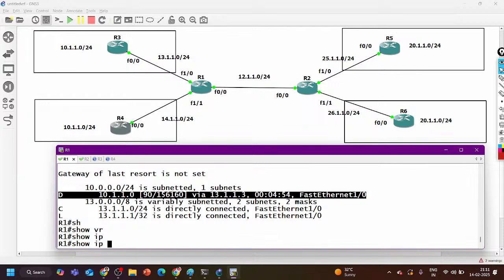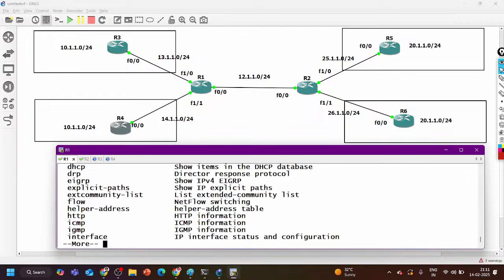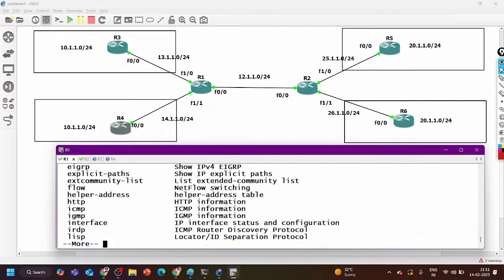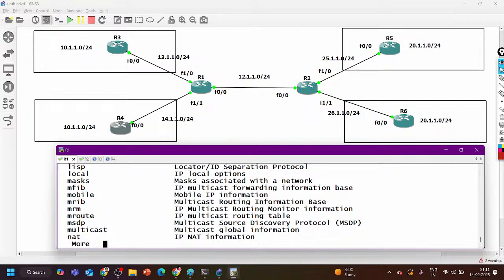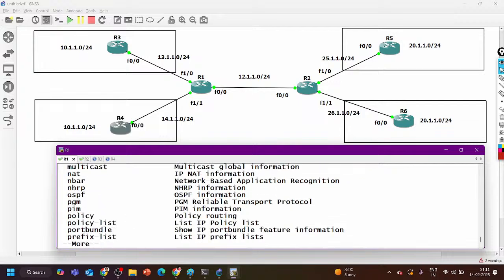Sir, in EIGRP we mentioned address family for IP version 4, but in OSPF we didn't mention it. By default it may automatically get to know about it. See, we have created the VRF for IPv4 only, so it will sense it from there. Okay.